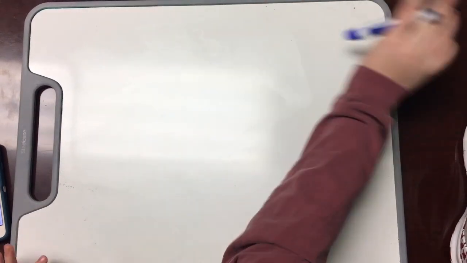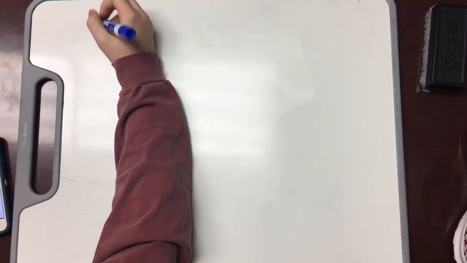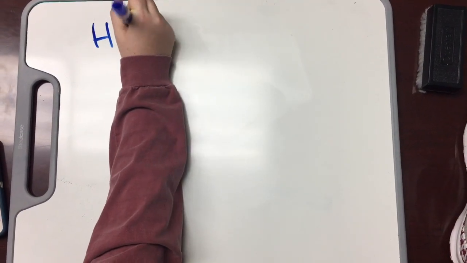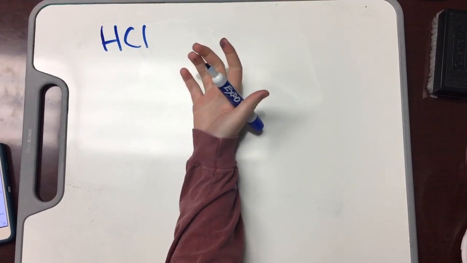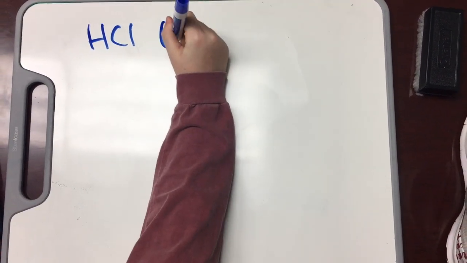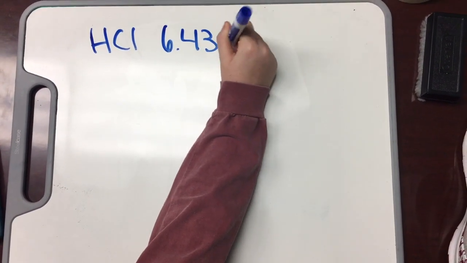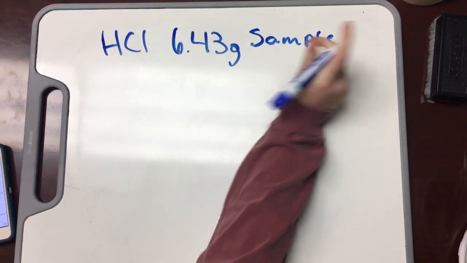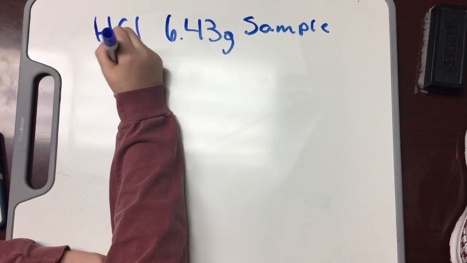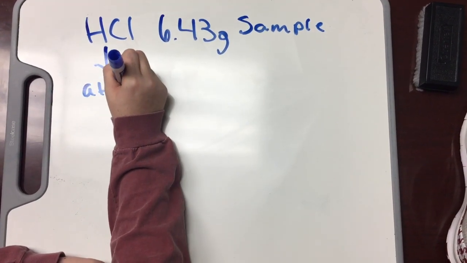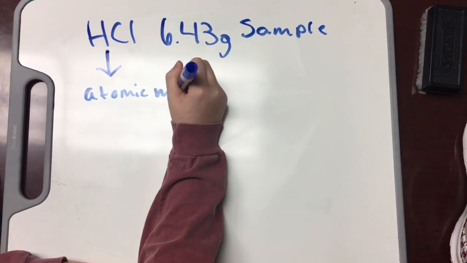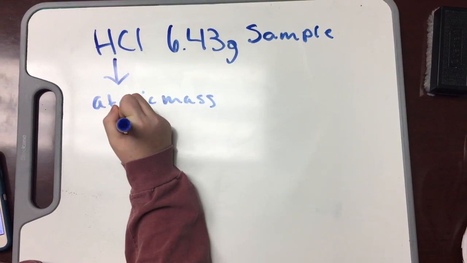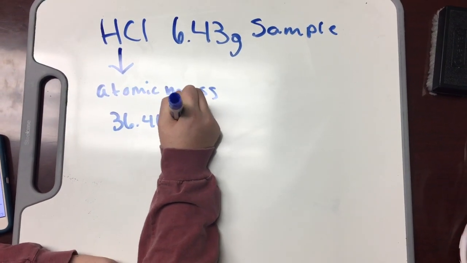So again, the problem stated the compound HCl, and it was a 6.43 gram sample of it. So you need to find the atomic mass, which was 36.46 grams.